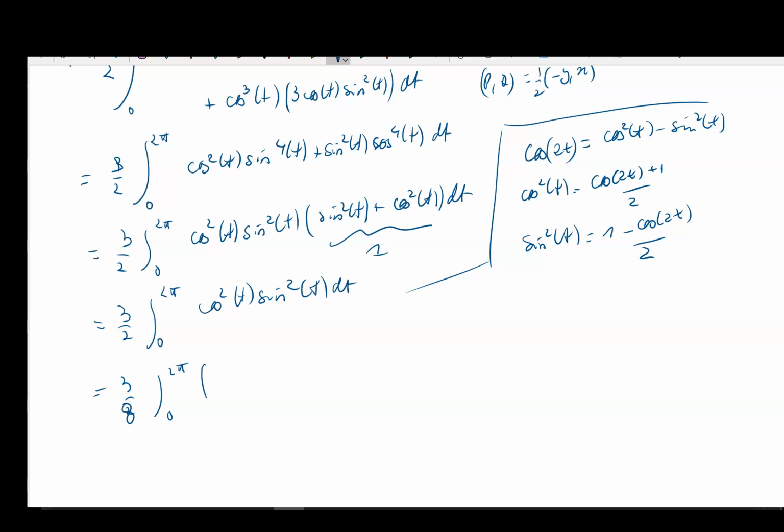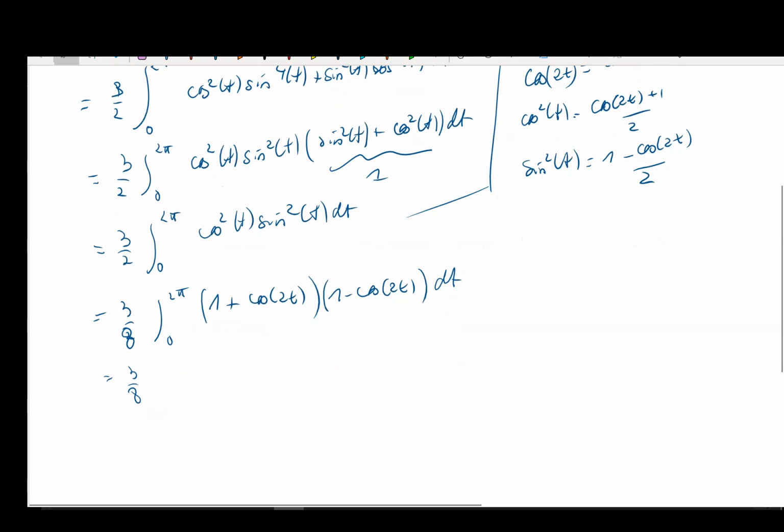The cosine square is going to give me 1 plus cosine of 2t, and the sine square is going to give me 1 minus cosine of 2t. So maybe you already see why I chose to do it that way, because then 1 plus a times 1 minus a, that's 1 minus a square, so that's 1 minus cos square of 2t.